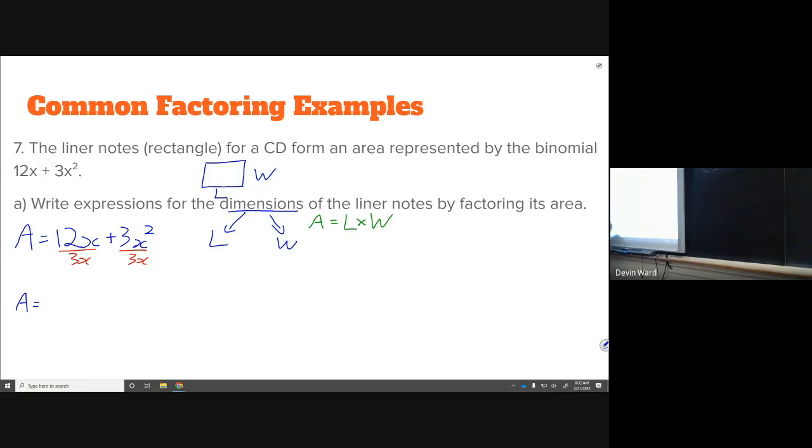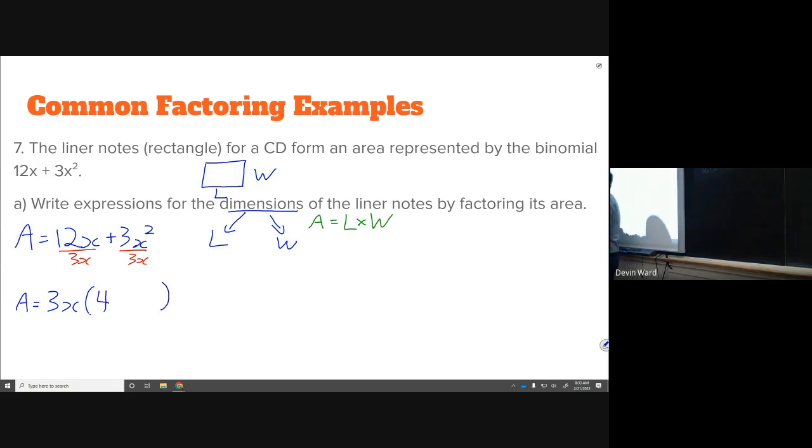So we take our greatest common factor and put it out in front: 3x. And then whatever we divide by gets put into the brackets. So 12 divided by 3 would be 4, perfect.